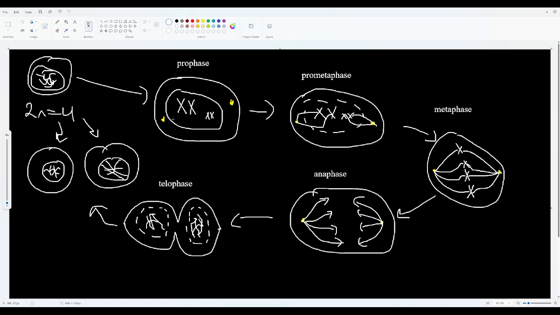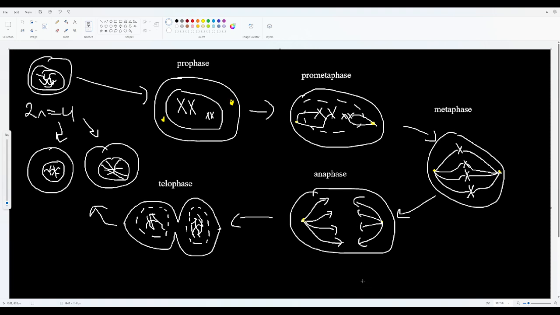So we have prophase into prometaphase into metaphase into anaphase into telophase, and finally cytokinesis. We make two cells. Prophase condenses the DNA. In prometaphase, centrosomes destroy the nuclear membrane and attach via spindles that are made of microtubules. Metaphase, everything's lined up, all the chromosomes.